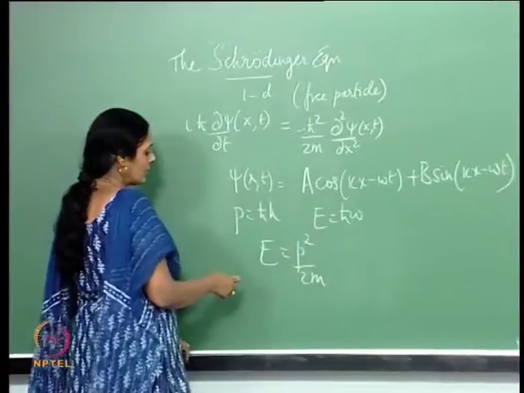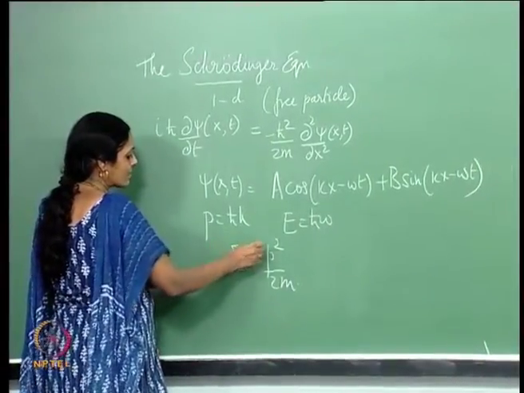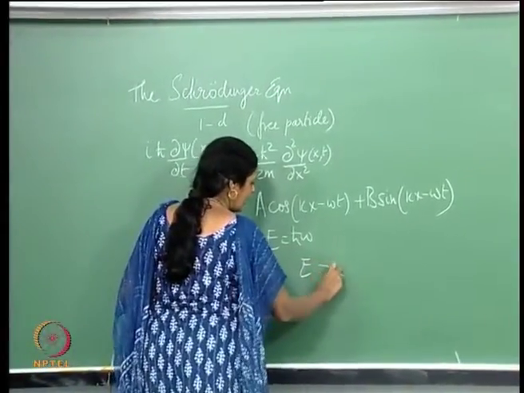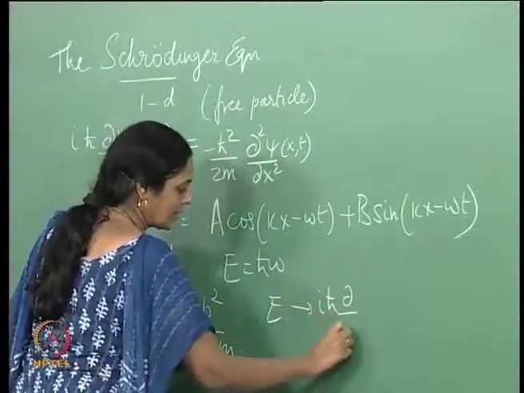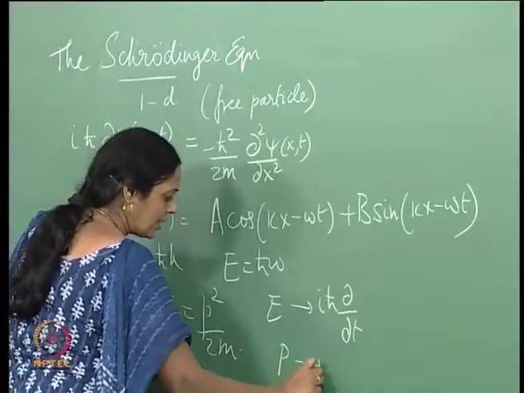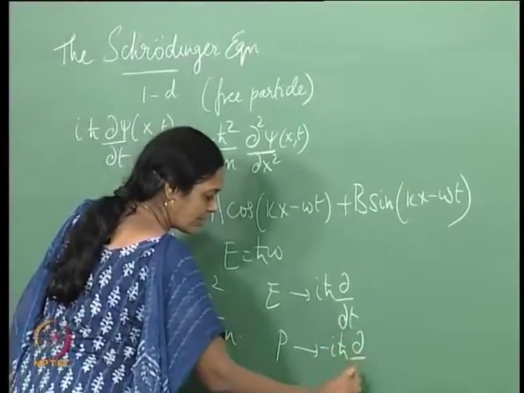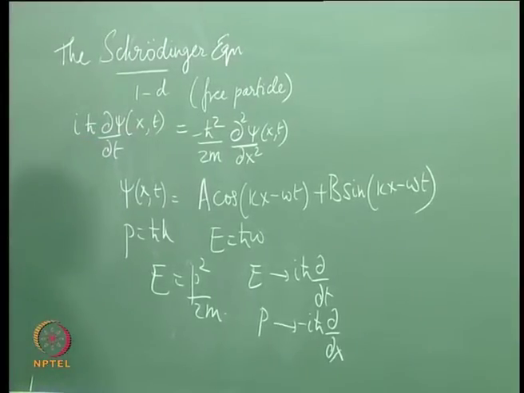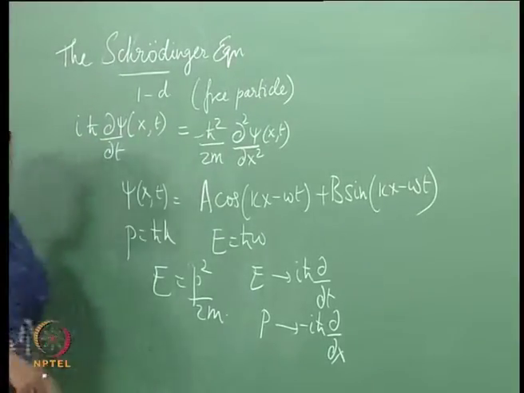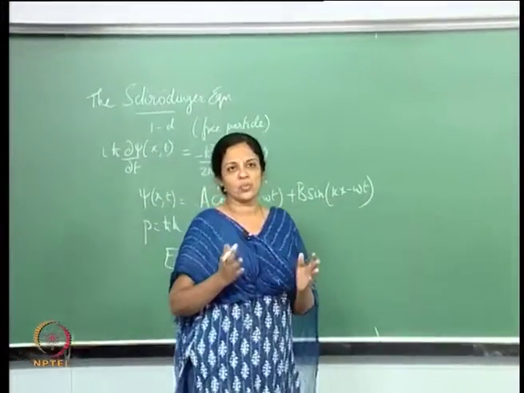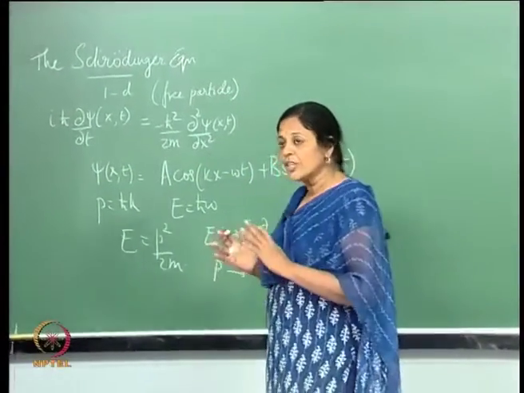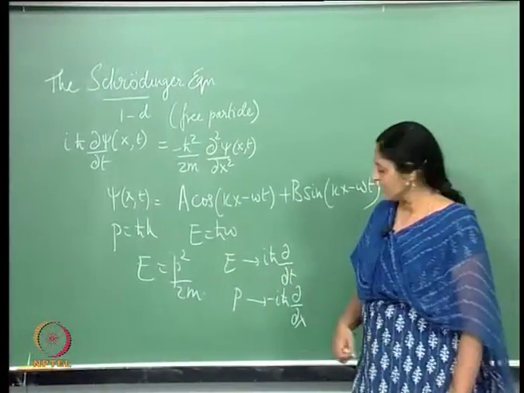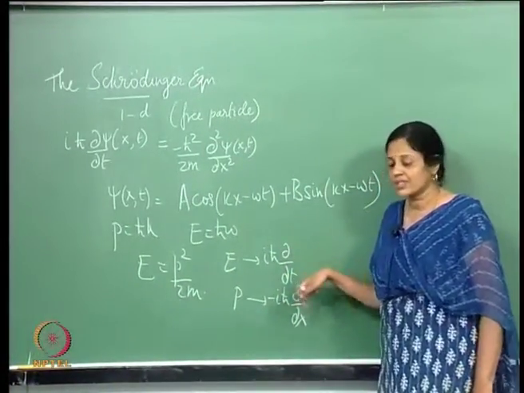When I put hats on these two objects and write E as i h cross delta by delta t and p as minus i h cross delta by delta x, I get this equation. This is called the classical quantum correspondence, at the level of replacing energy and momentum by their respective operators. These are first order differential operators.